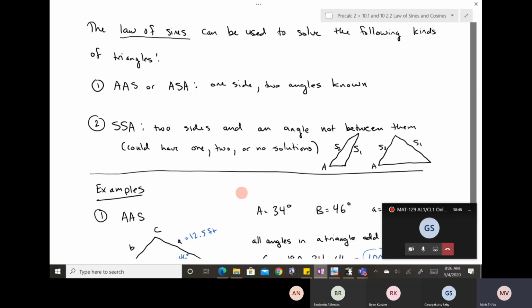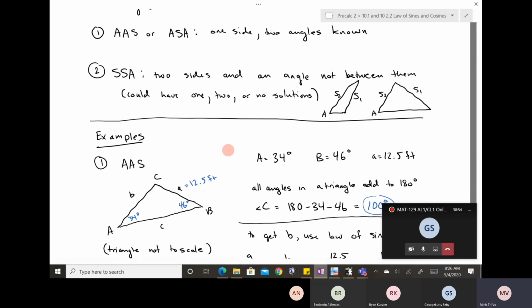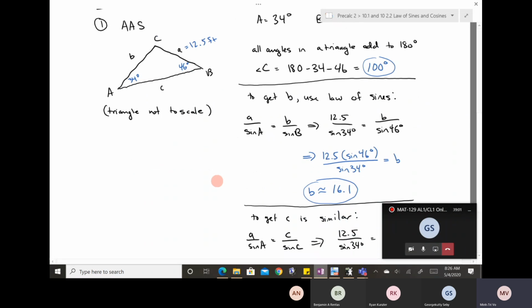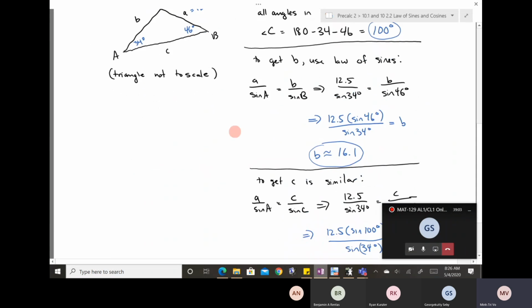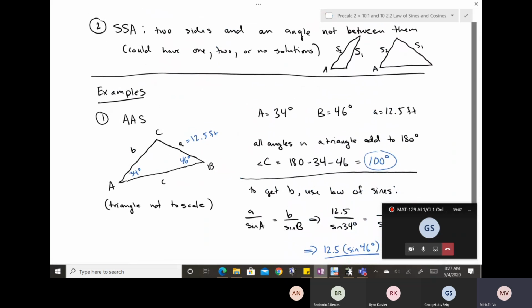Okay, so these are the situations where we want to use the law of sines. Here I've already done this example. This is an AAS triangle, so as I said before, you know two angles and one of the sides.